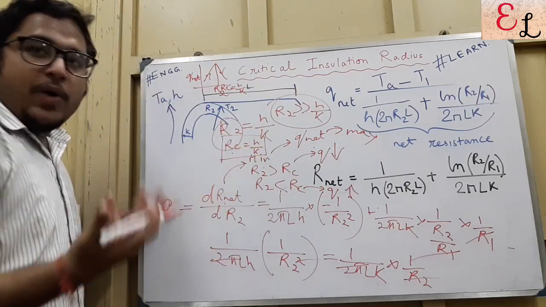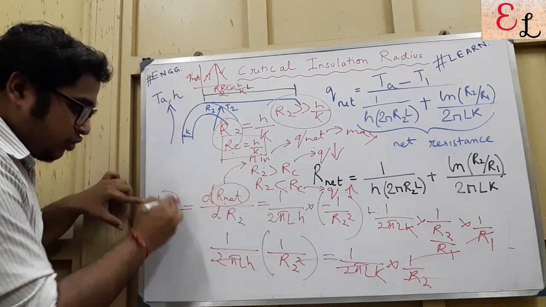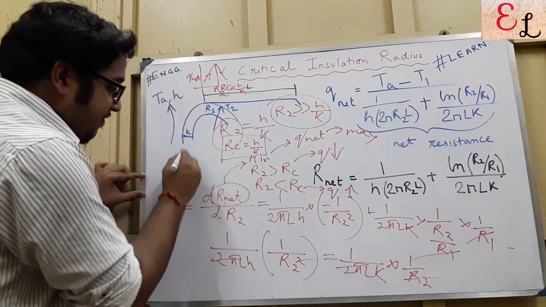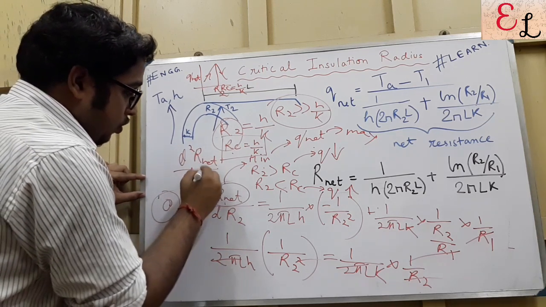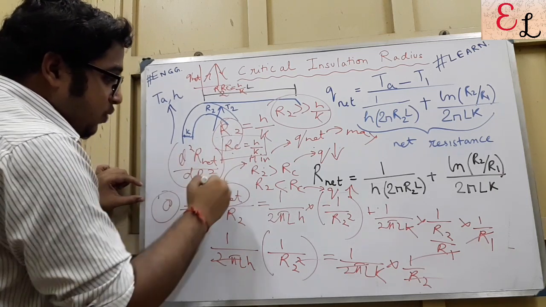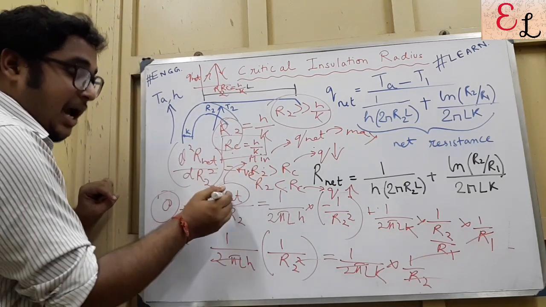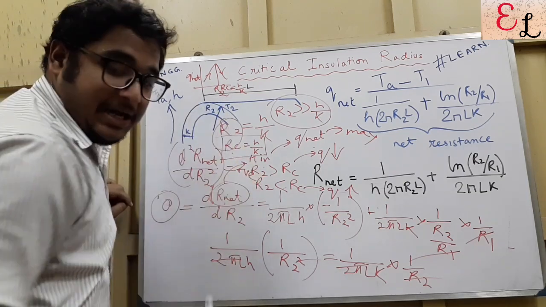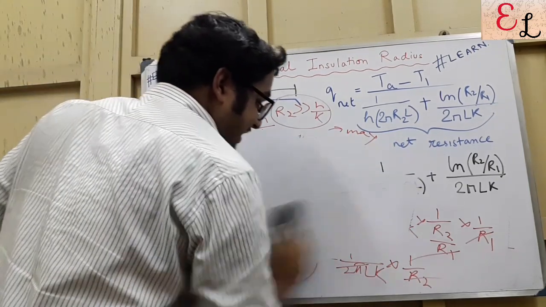Now you may question why we are considering this as minimum, since it can be maximum, and then also the derivative will be 0. But if we double differentiate this, that is d2 R net by dR2 squared, you will see this is something positive, which means that this R net is indeed a minimum.